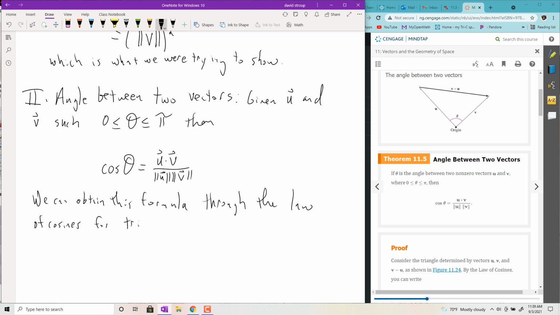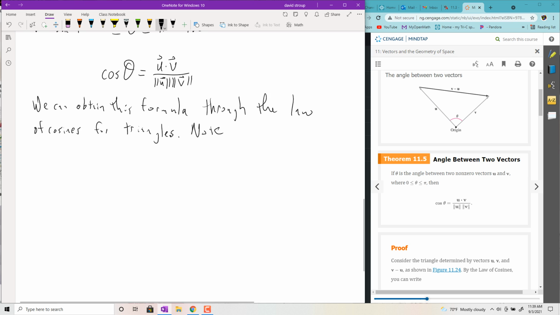Notice this picture of the two vectors, say u and v. You could form a triangle by putting a third vector on here like this. When you connect the two ends of the vectors, what you're looking at is the difference of the vectors. So this vector is v minus u.